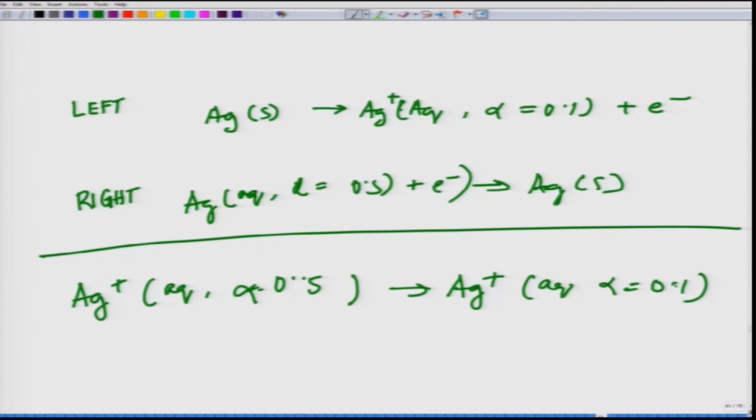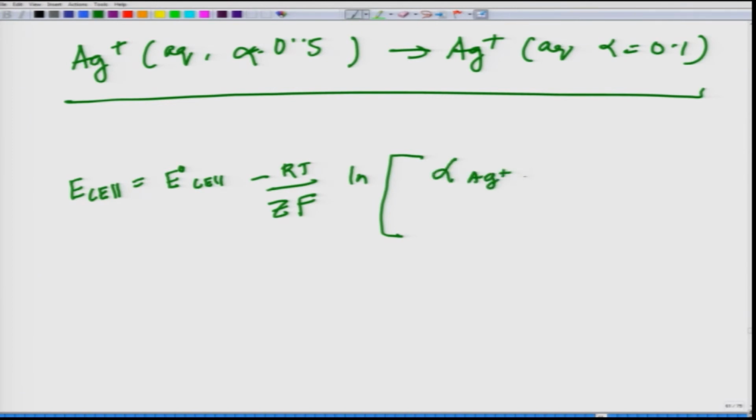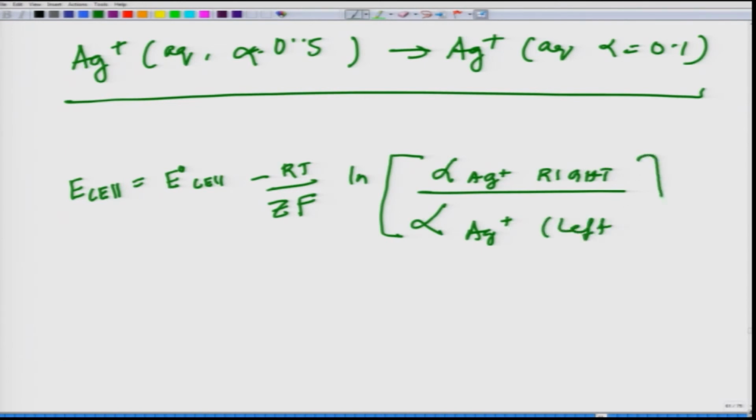This is how it looks, and if you put the Nernst equation in place, E cell is equal to E standard reduction potential minus RT over ZF times the log of Ag plus on the left divided by Ag plus on the right.